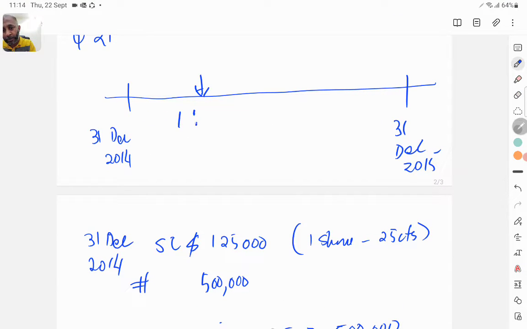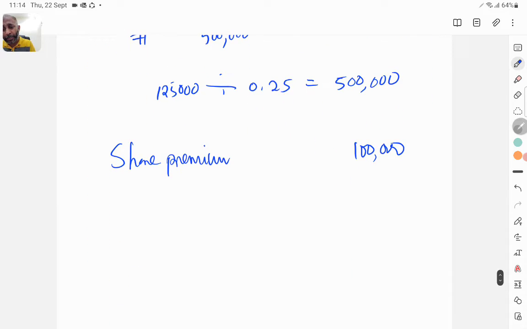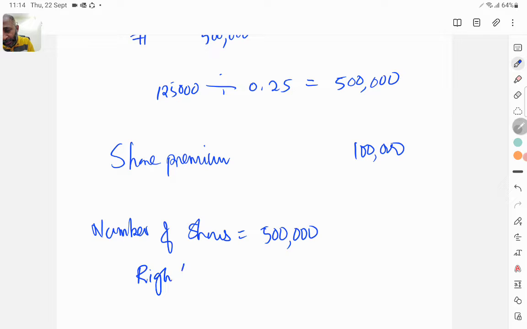So 1:2. So we know that the number of shares is 500,000. From this 500,000, the rights issue arrangement is 1:2.